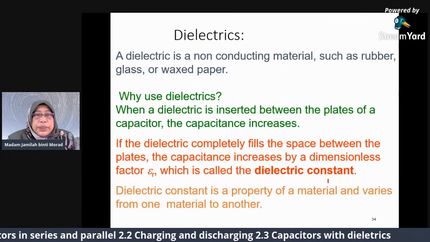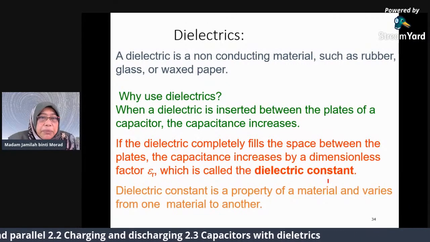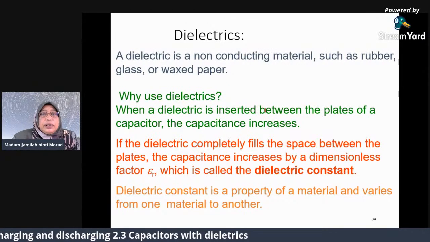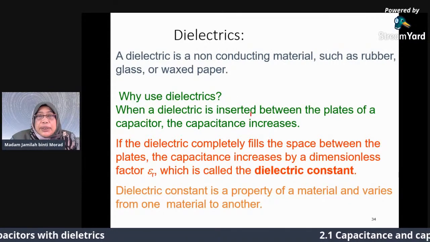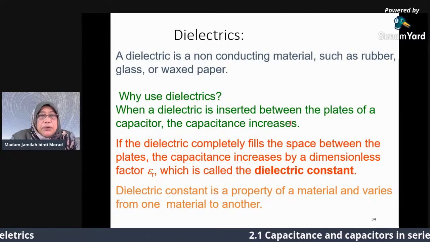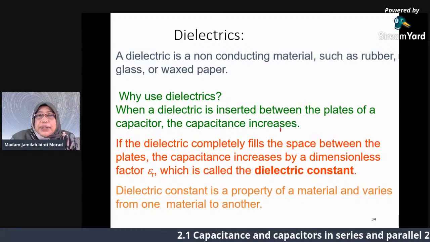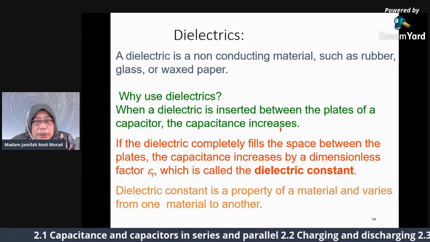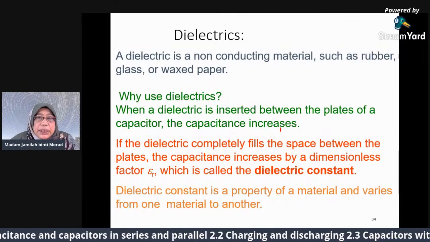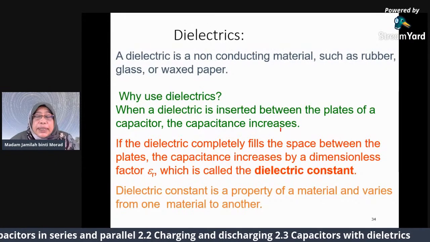Why do we need to use a dielectric between the gap of the plates? What is the purpose of a dielectric? When a dielectric is inserted between the plates of a capacitor, the capacitance increases. So the main purpose is to increase the capacitance.